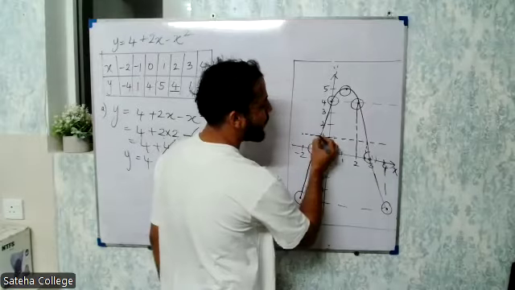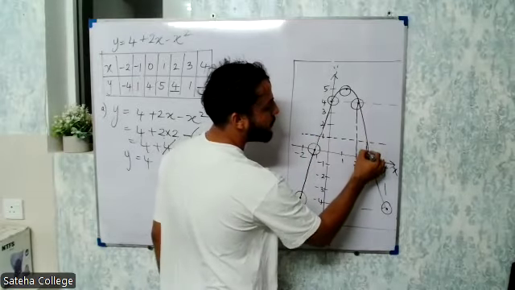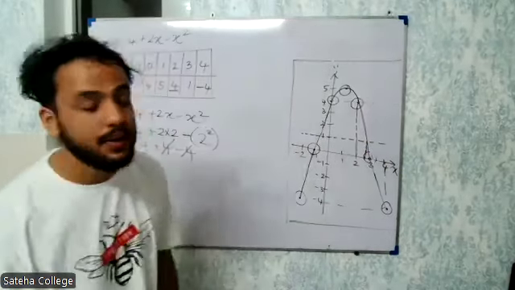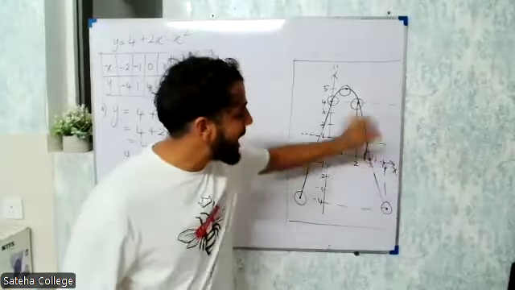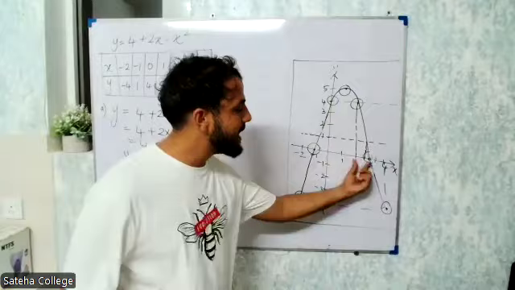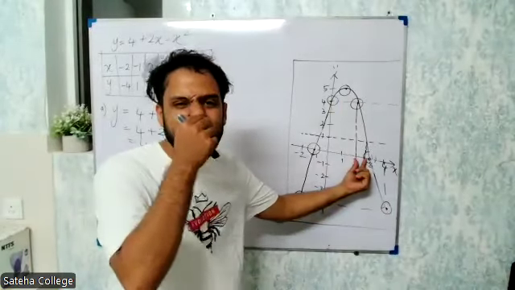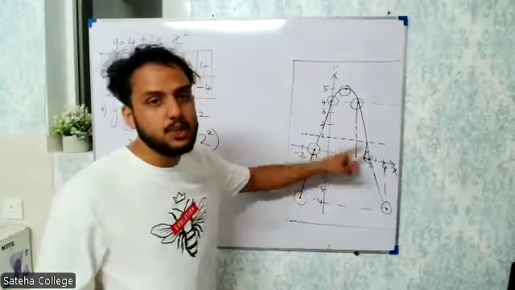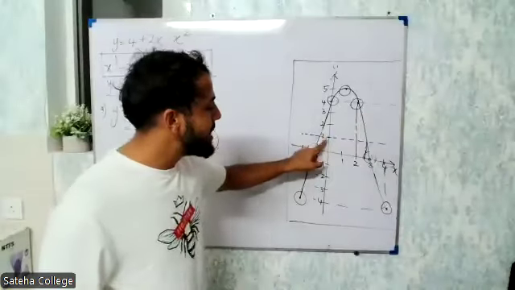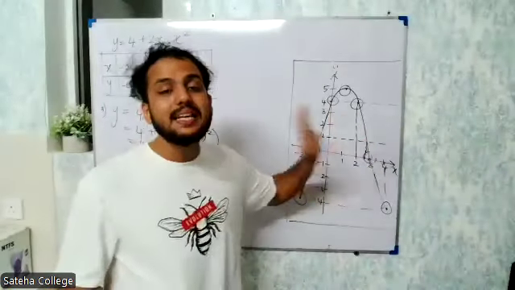When y is equal to 1, find the relevant x value here. For the graph to be decreasing in this range, the x value should be in this range.